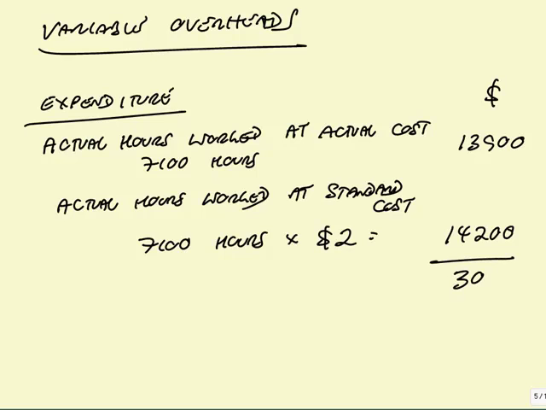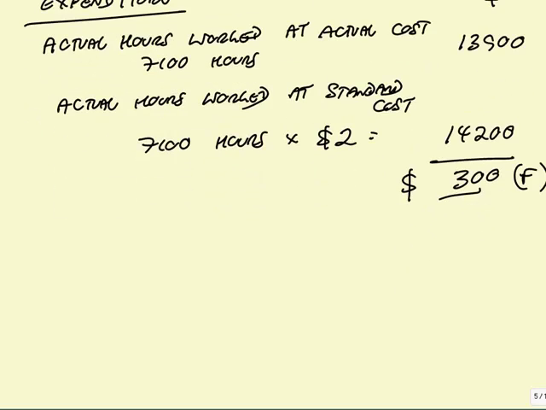Finally, though, although that deals with the rate per hour of $2, the other problem, of course, is did we take longer or shorter than 6 hours a unit? The other bit is the efficiency variance. And for efficiency, it's always the same workings as for labour efficiency for the same reasons. Always.